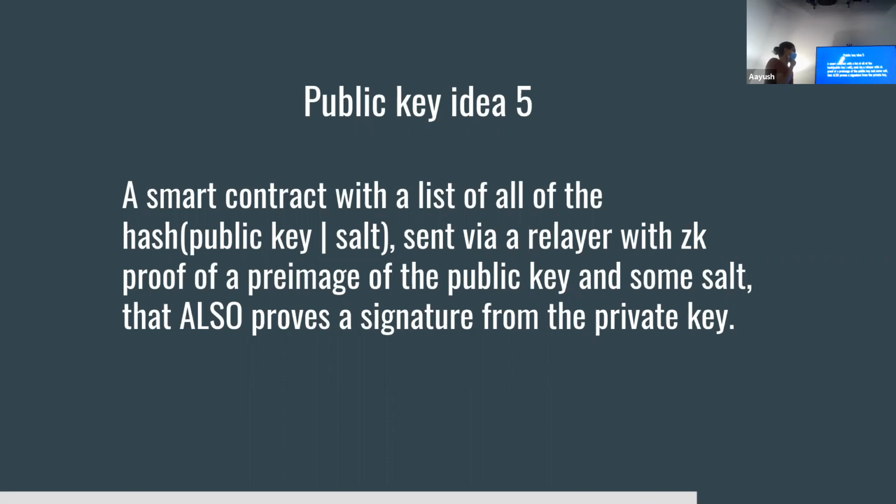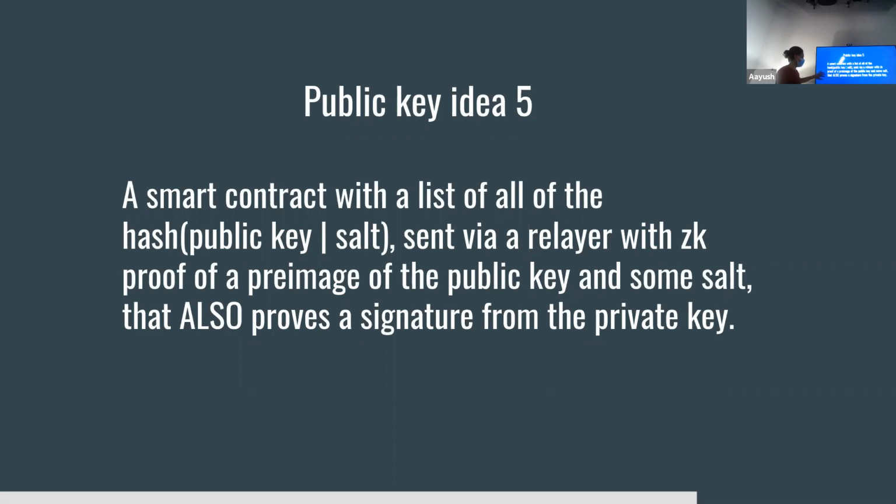So previously, our ZK proof just showed we had the pre-image of this hash of the public key and the salt. So this original ZK proof verified that we knew this public key and that this is the correct public key. However, in order to prove that we have the public key, we also need to prove that we know some private key that becomes this public key.